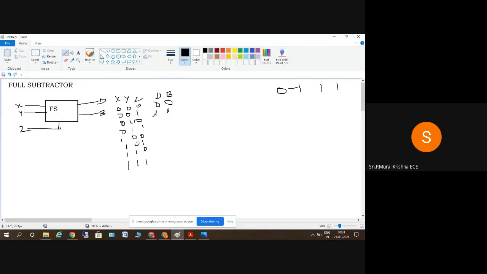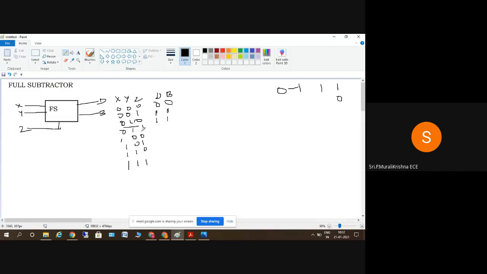Okay, so you can check the earlier case here. 0 minus 1 gives difference 1 and borrow 1, and if I subtract 0 from this, there will be no change. So again it is 1, 1. Getting my point? Yes, sir.